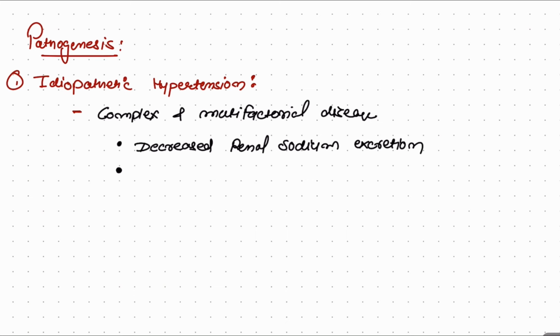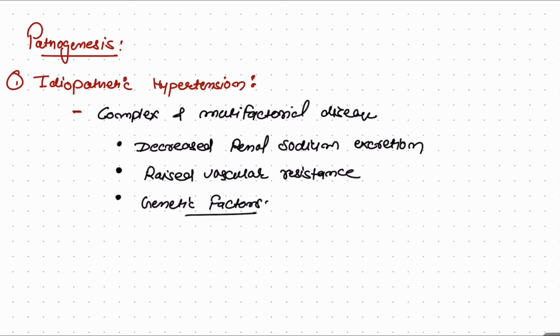raised vascular resistance, genetic factors, genetic factors like mutation in the enzyme or protein that is responsible for sodium and water excretion and absorption. Okay, enzymes responsible for aldosterone metabolism.